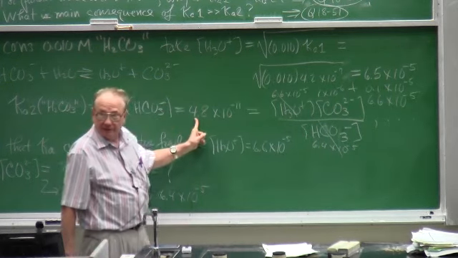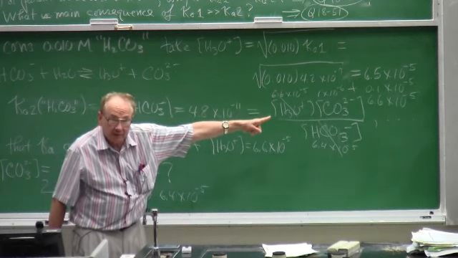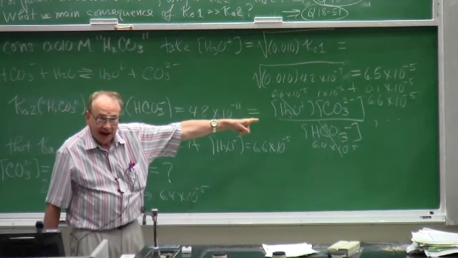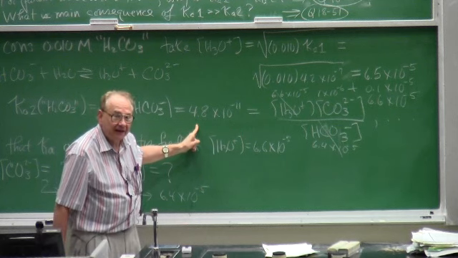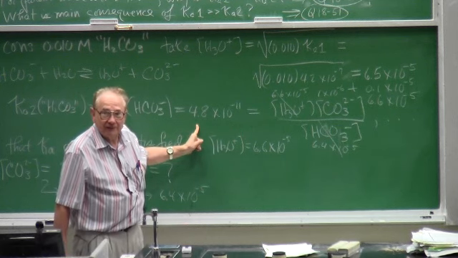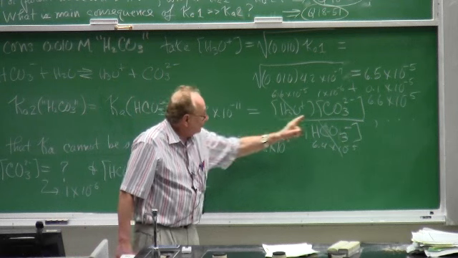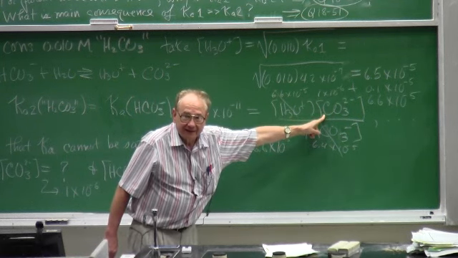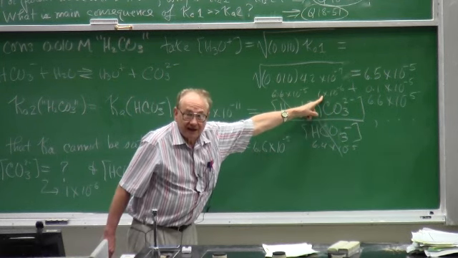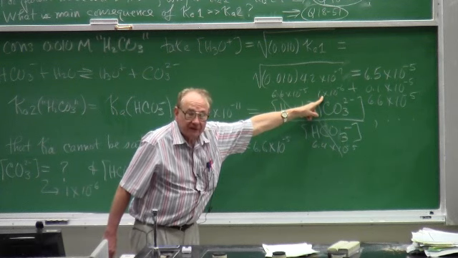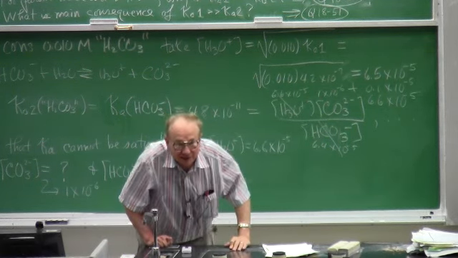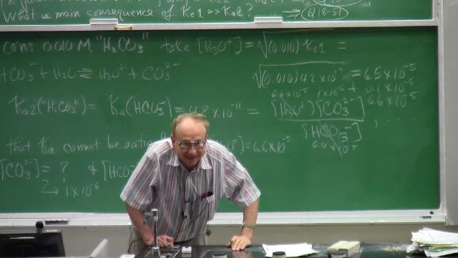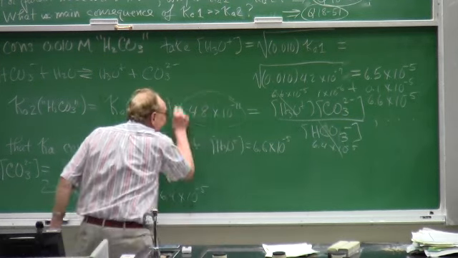Here's the Ka value. You see that carbonate molarity? That's one hell of a lot bigger than this. So what does that mean? That means the true carbonate molarity for this system compares how to this? How does the true carbonate molarity compare to this value? It's a hell of a lot smaller, isn't it? Now tell me what the carbonate molarity is. There it is!